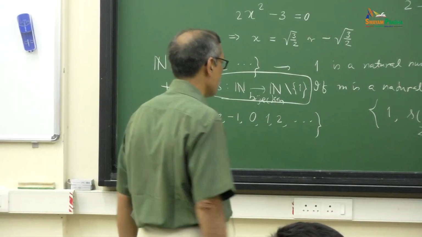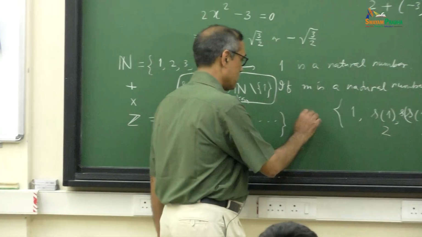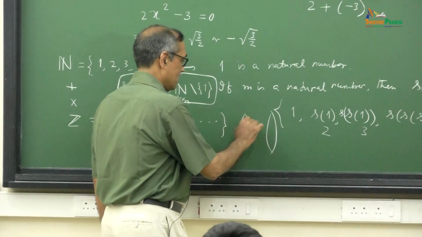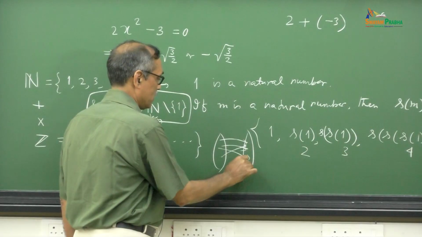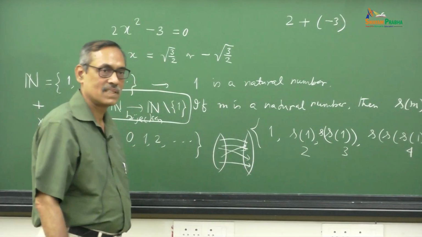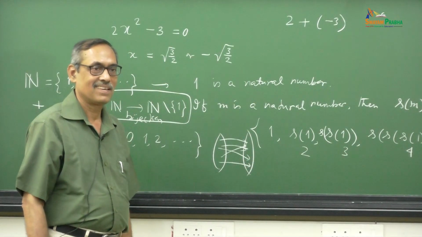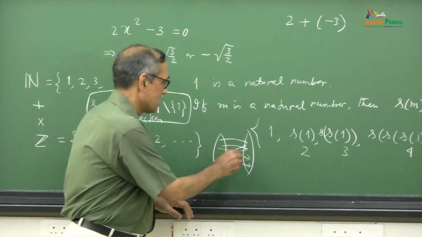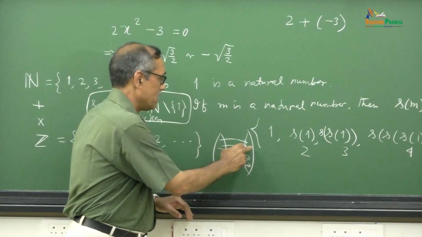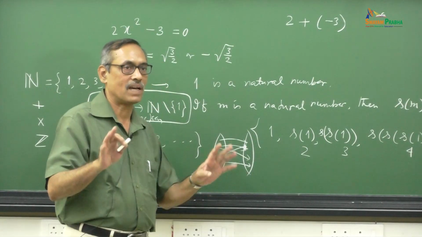Okay, understood? So that means you have a function, you have a set, you have another set. So a function is simply arrows, right? Like this. Set of these arrows. So what happens? You say it is one-to-one if from 2 elements you don't have arrows to a single element.